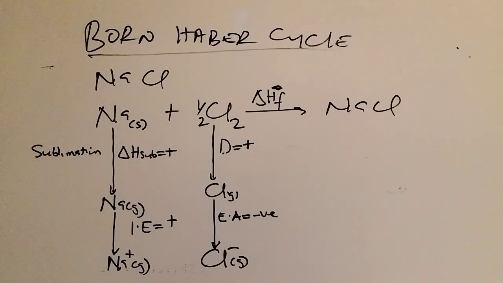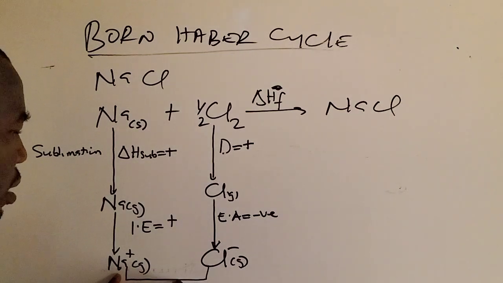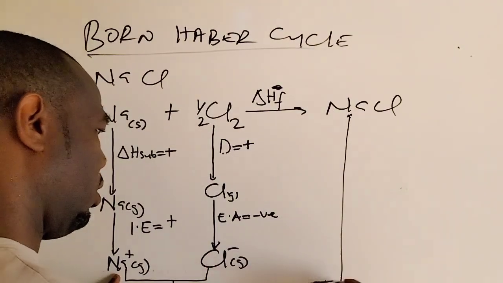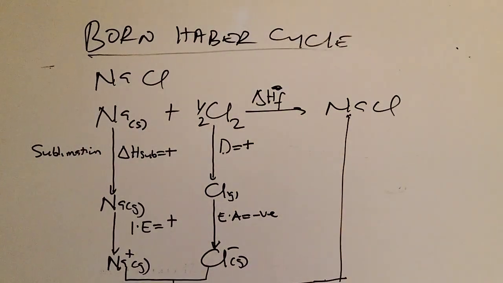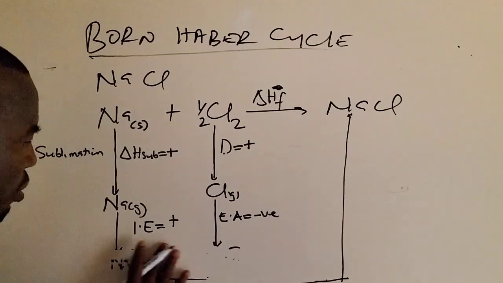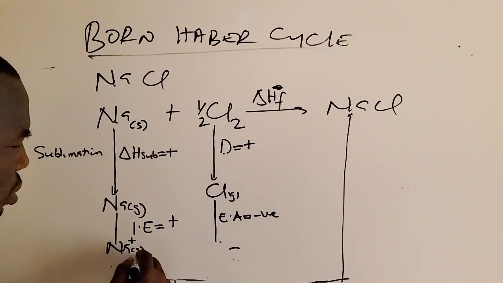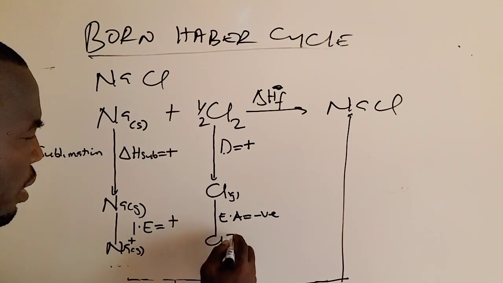Having done that, the next thing is that these 2 ions can combine and form this. The sodium ion combines with the chloride ion to give us sodium chloride. Let me push this a little bit up for you to see it.